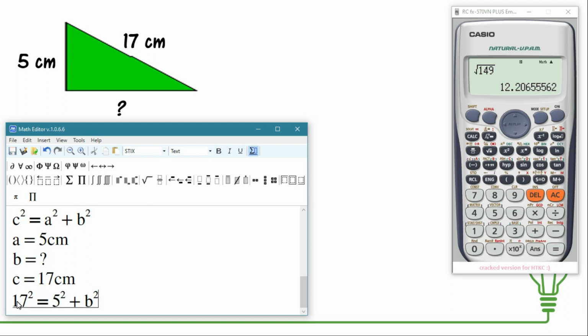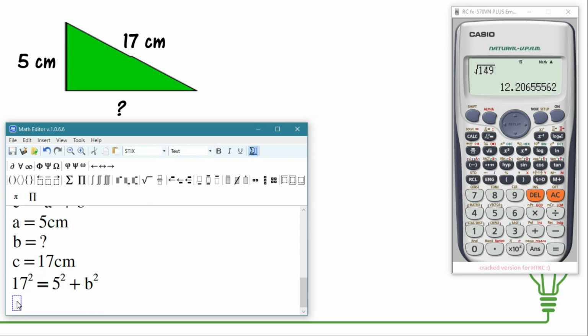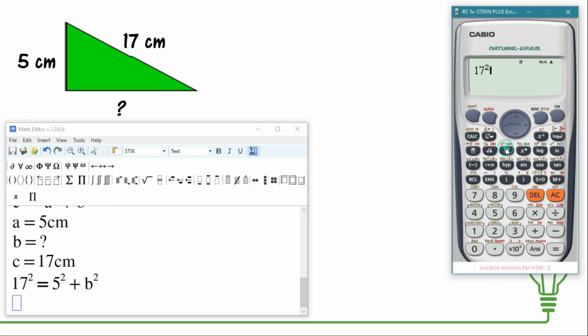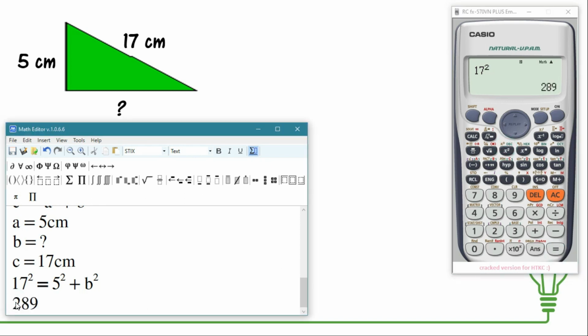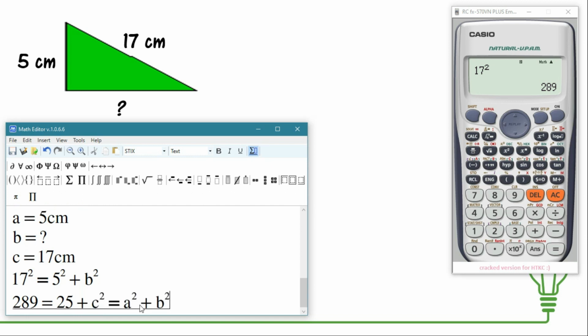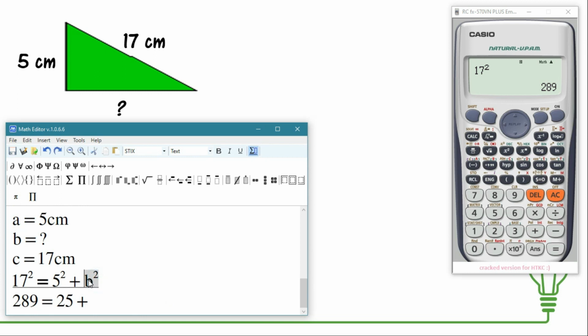Then after that, we are to simplify what is to be simplified. Now, what is 17 square, or the square of 17? That would be equivalent to 289. 289 equals the square of 5. Okay, we don't need to use the calculator because a lot of you know that 5 square is 25, plus B square.